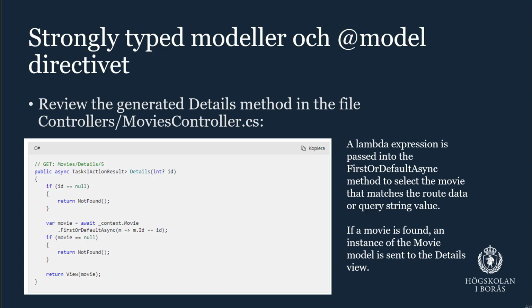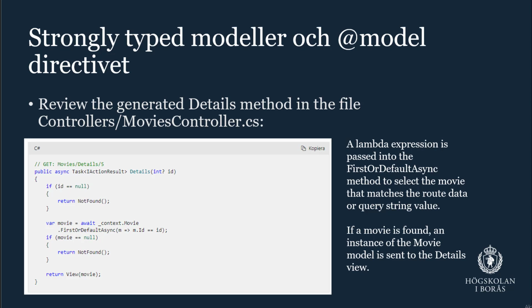If we review the generated Details method in the file Controllers, MoviesController, we can see that we have a Details action method here that is public async Task<IActionResult>, and it takes in a nullable type of int id. In case the id is null, meaning no id value has been passed to this controller through a request, then we can return NotFound. If we however have an id passed to this controller, we can go through the context and through the collection of Movie.